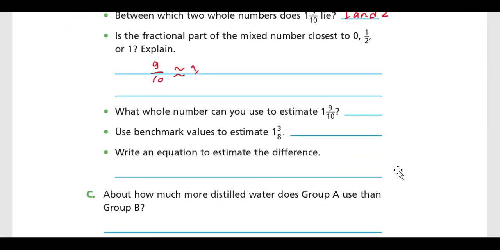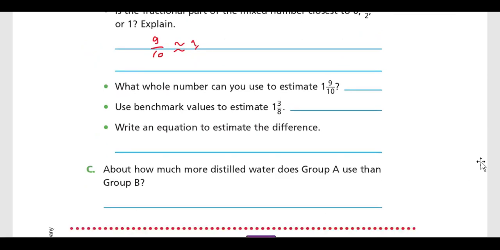So 1 and 9 over 10 is close to 2. And 1 and 3 over 8 is close to 1.5. So if we write the equation, 2 minus 1.5, our answer is half, because it's a famous fraction.